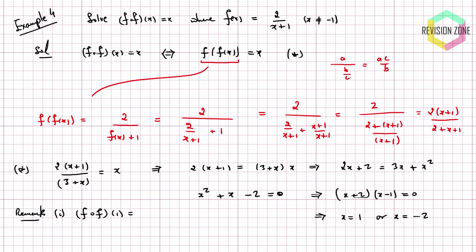So there are a couple of remarks. The first remark is, let us just check if this is actually a sensible solution. 1 is an easier number to be dealing with for now. So we want to figure out what f composed f is at 1. Well, we know what f composed f is. That's the formula for it, which is written in a much more elegant way here. So let's put that in.